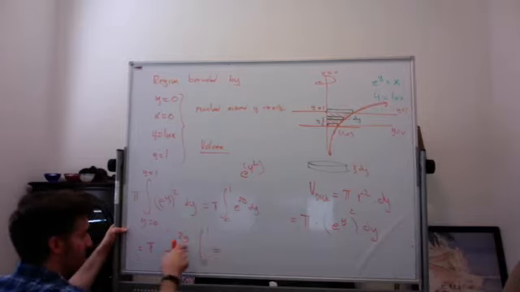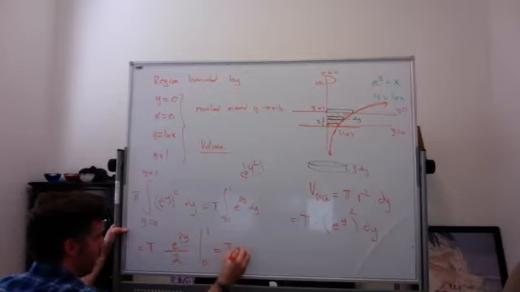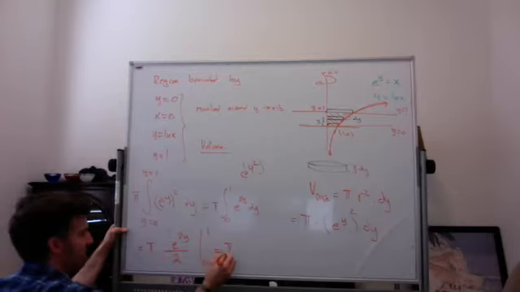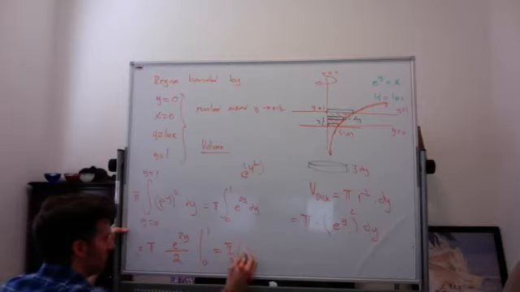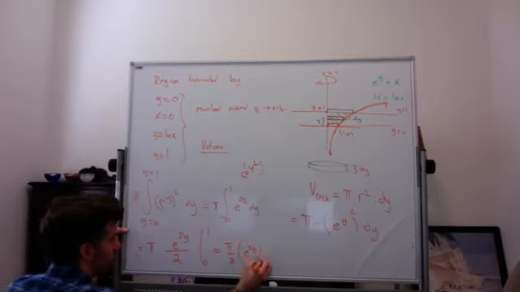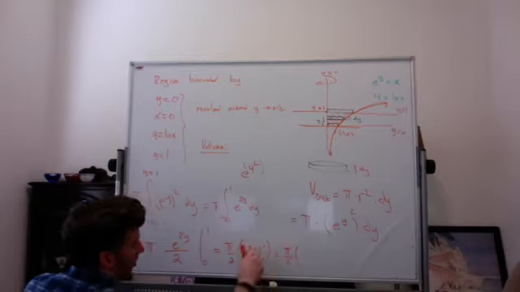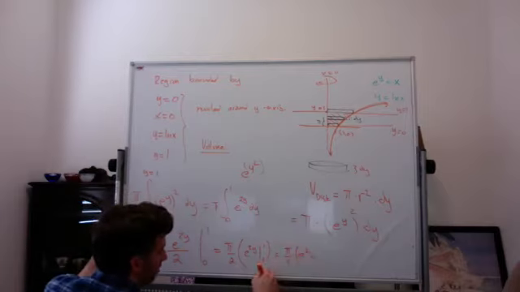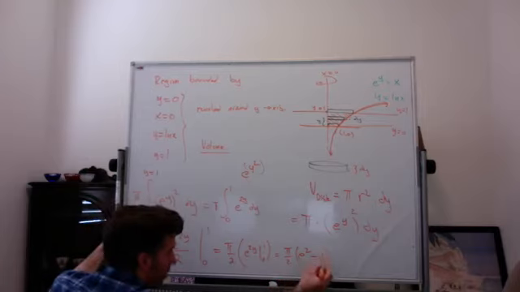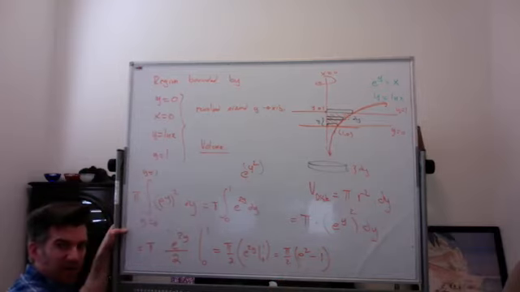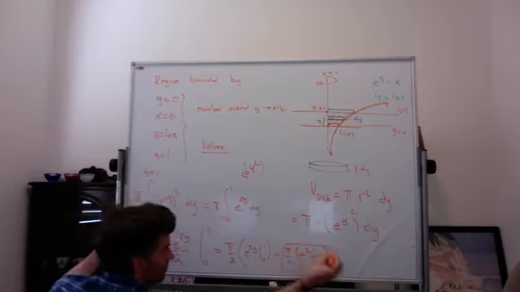We plug in 1 and we get, let's bring out the 1 half. Let's say this is pi over 2 times e to the 2y from 0 to 1. And then we get pi over 2 times, plug in 1, you get e squared. Plug in 0, you get e to the 0, which is 1.